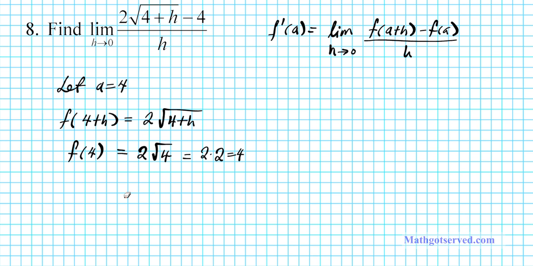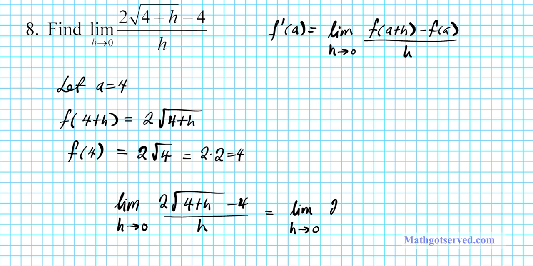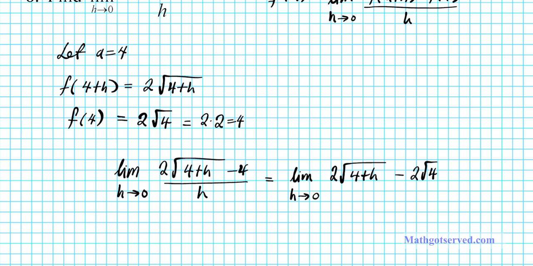So we can rewrite the problem as follows. The original problem, the limit as h approaches 0 of 2 root 4 plus h minus 4 over h, is the limit as h approaches 0 of 2 root 4 plus h minus 2 root 4, that entire expression divided by h.